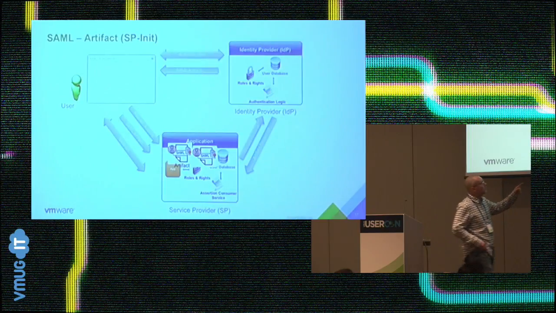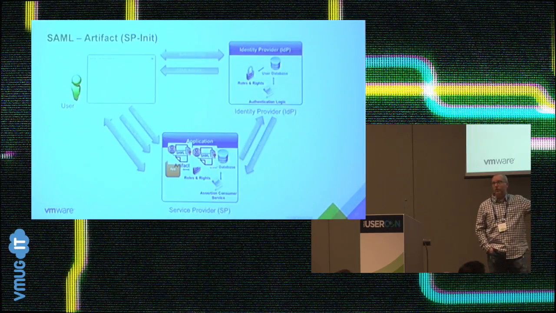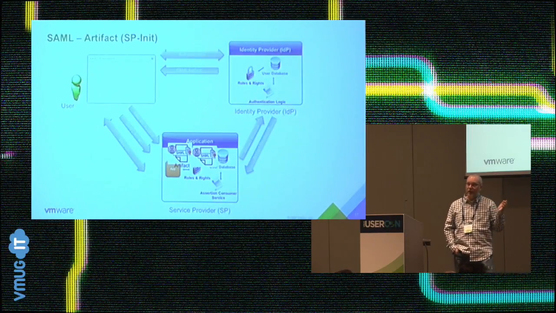In this case, we require communication on the backend between the service provider and the identity provider. Some claim or look upon this as more secure, because the actual SAML assertion is passed on the backend in the data center.